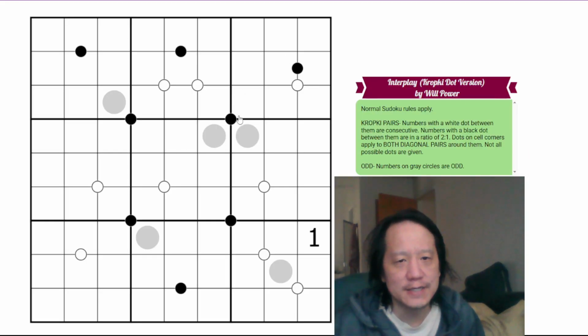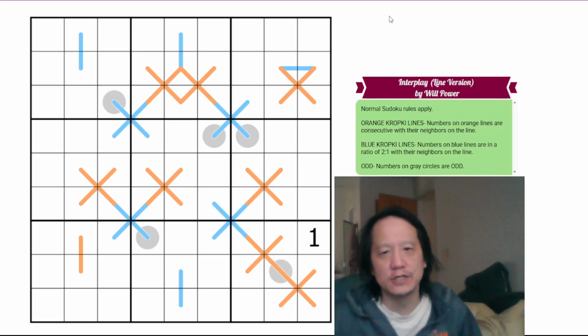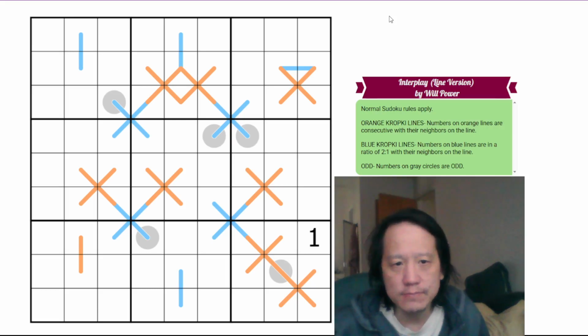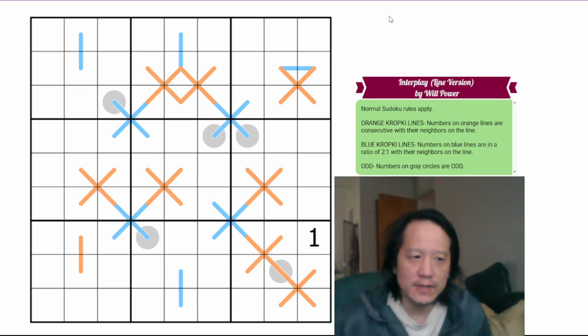I feel like it's not as clear necessarily what's going on, and the line version I feel is much clearer. Anyways, let's get to the rules.